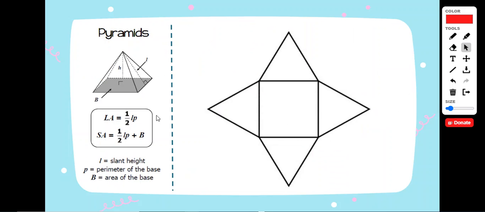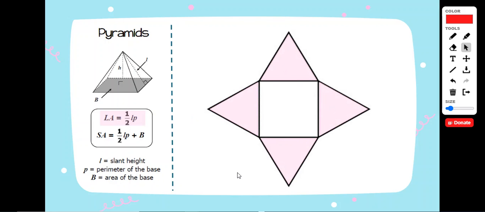All right, let's move on to a new and interesting shape called the pyramid. Mystical, magical? Not really, just a pyramid. Okay, so again, we're looking at two different portions. Our lateral area, which is just the portion that is the non-base.